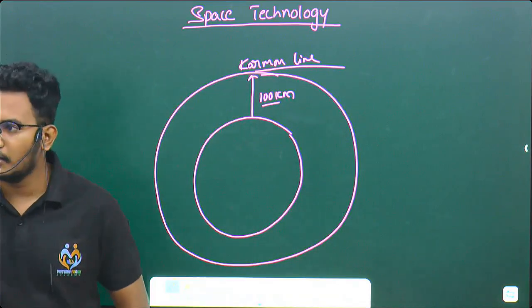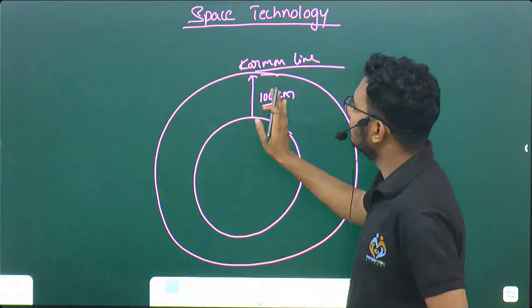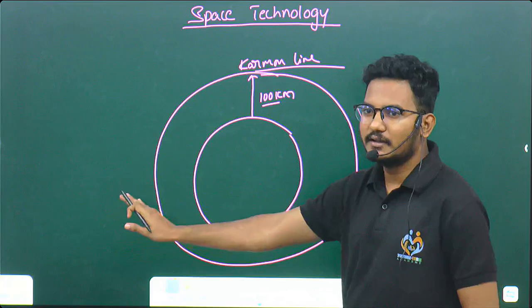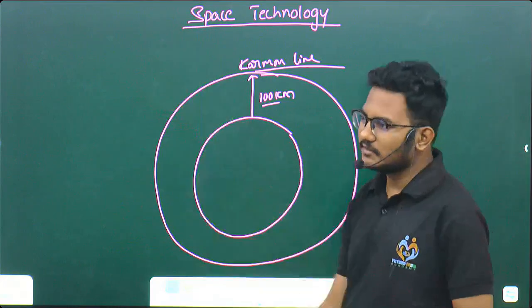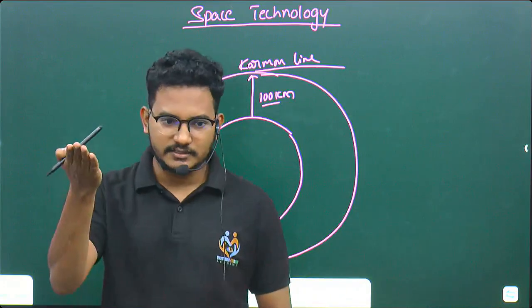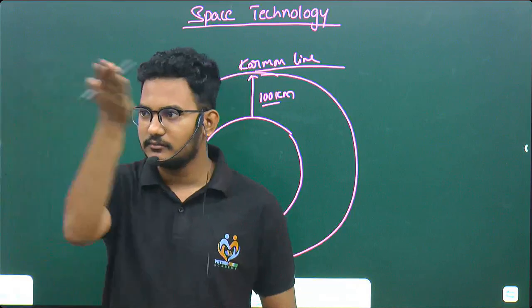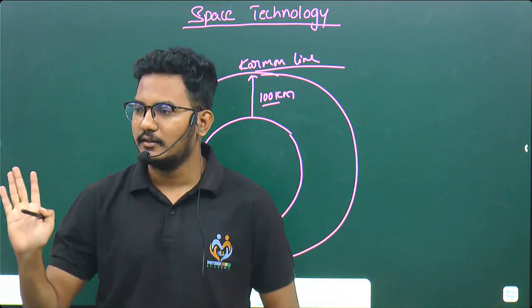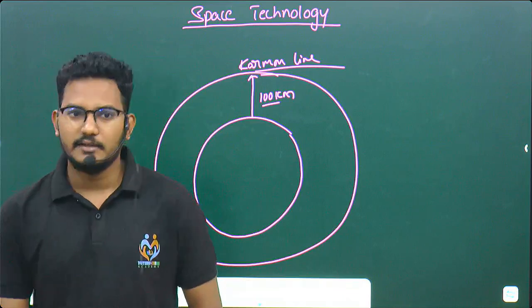Below this we generally call it atmosphere. Above this we call it space. So your space definition is simple now. Above Earth's surface, at a height of 100 kilometers there is a layer called Karman layer. Anything which is above Karman layer is nothing but your space.